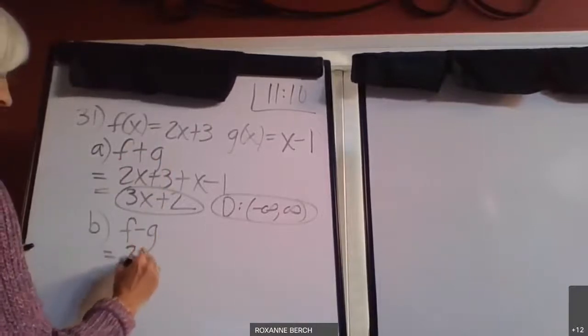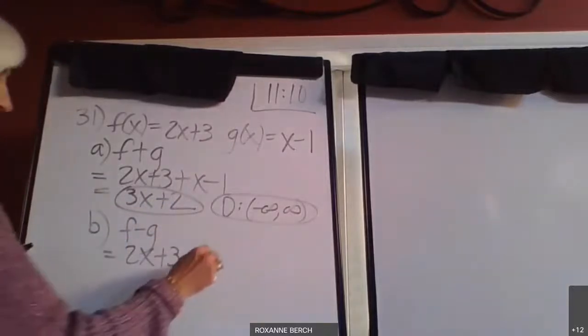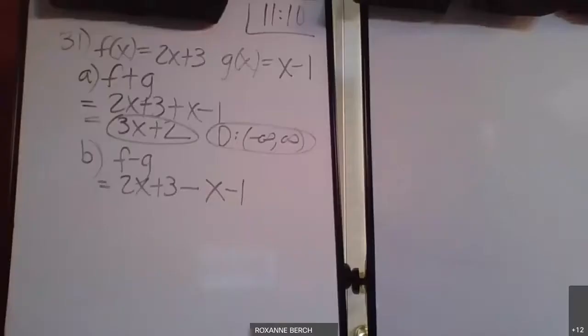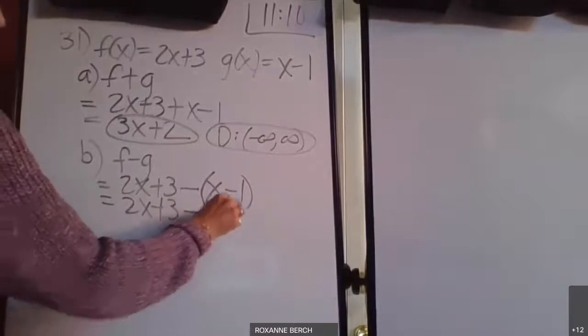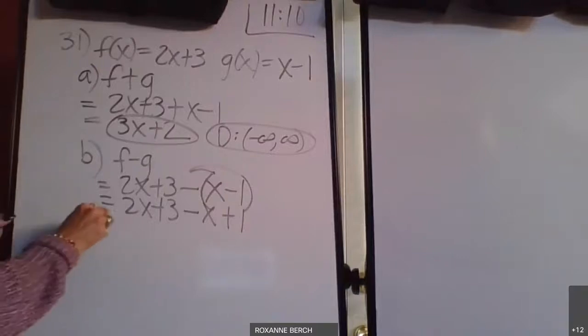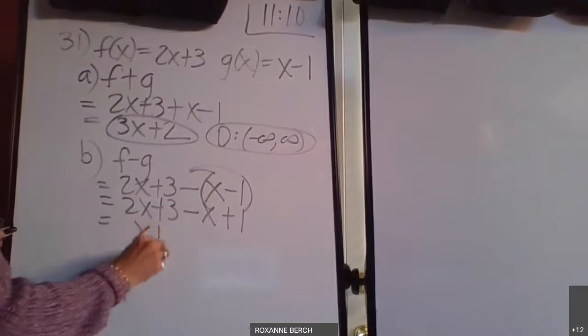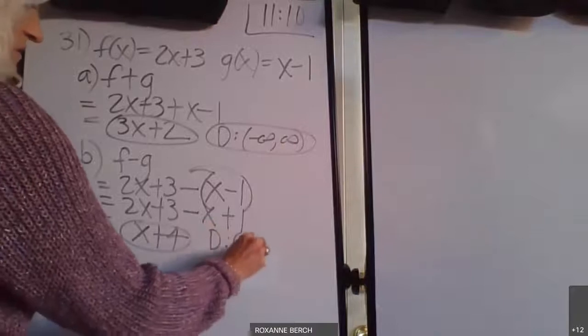So that means 2x plus 3 minus the quantity, because if you write it without that, it's already wrong. So it's minus the quantity. So this would be 2x plus 3 minus x plus 1, because you have to distribute. And now you get 2 minus 1 is 1x plus 4. So that is a line. So what's the domain?